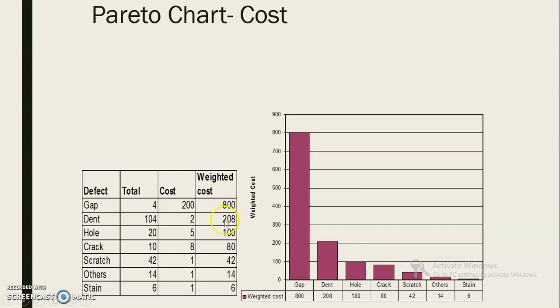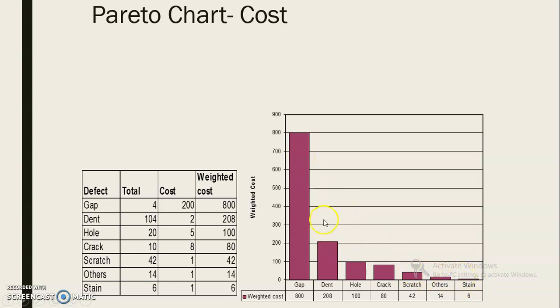Like this we can calculate the overall cost, and here we can observe that gap contributes the majority of the cost, and the same is represented again on the Pareto chart. Here we can observe gap is the majority and the bars diminish in size.